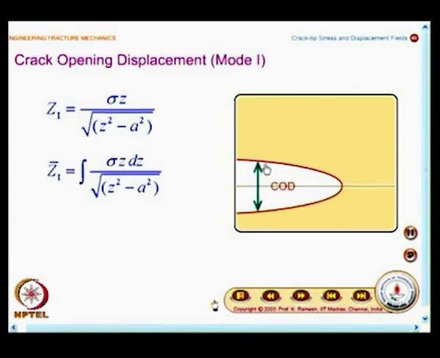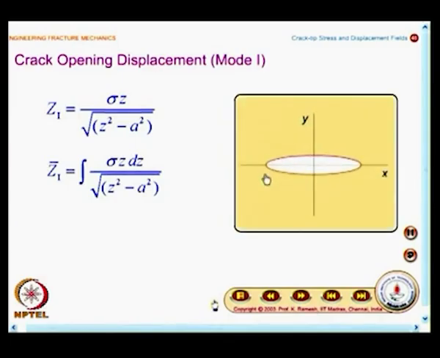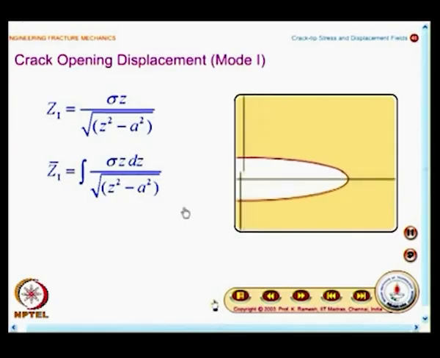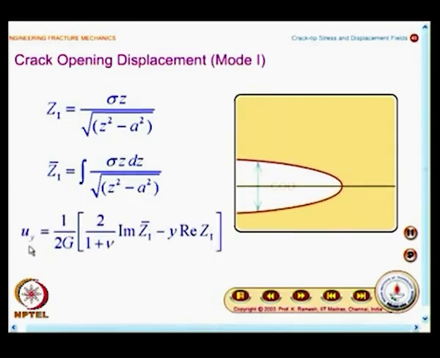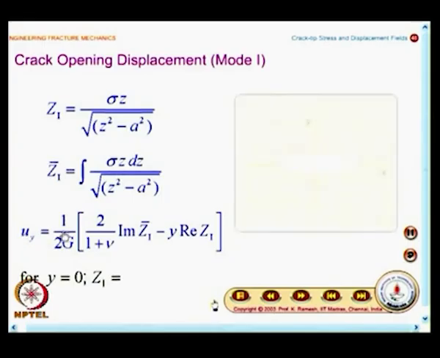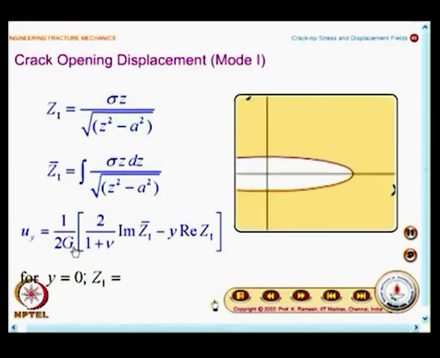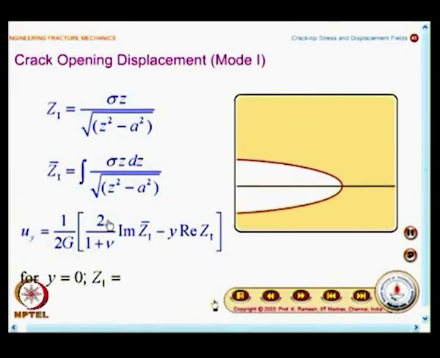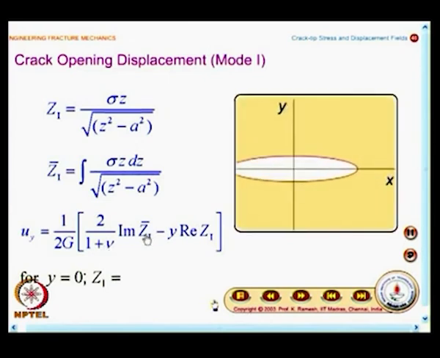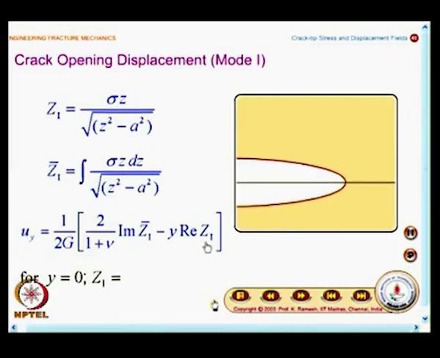This is nothing but the y displacement. So, I have to look at the expression for uy, and that is given as 1 by 2G multiplied by 2 by 1 plus nu imaginary part of Z1 bar minus y real part of Z1.